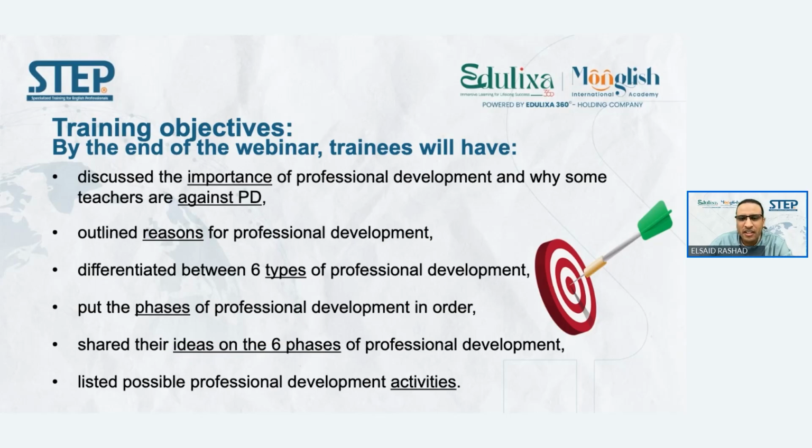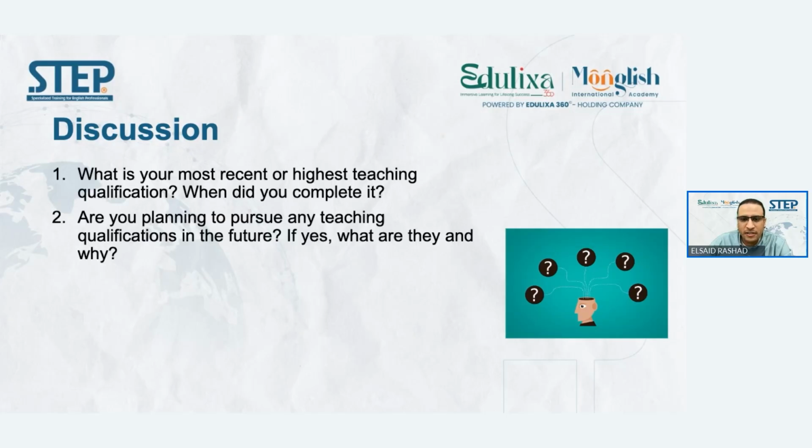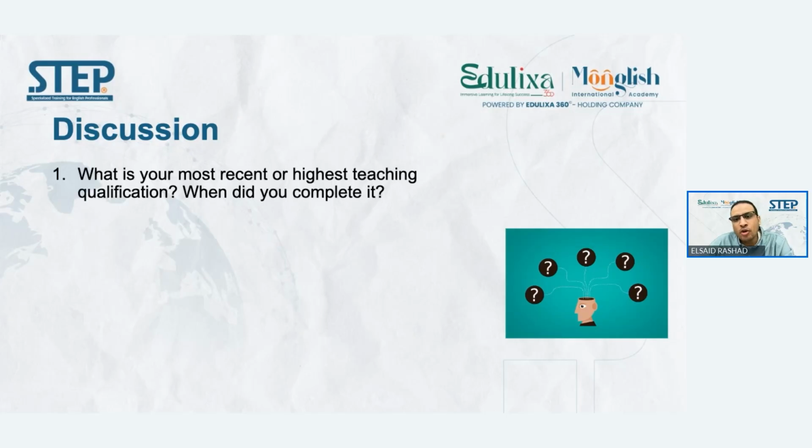I have 3 questions for you. The first question is, what is your most recent or highest teaching qualification? Can you please tell me in the chat? For me, my most recent qualification is the MA in TESOL from the University of Sunderland.